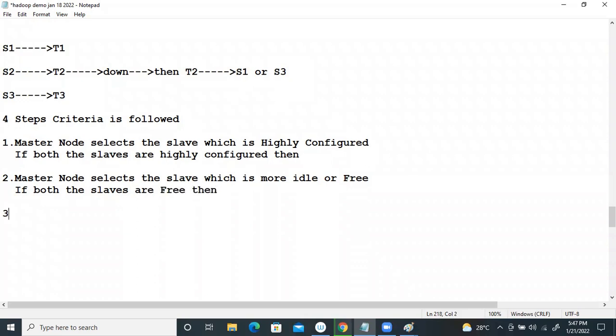If both the slaves are free, then the master node selects the slave which is nearest to it.